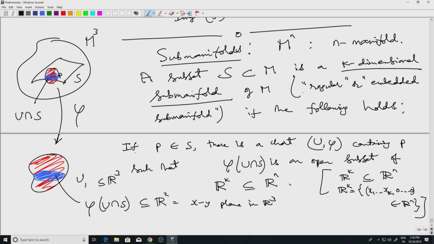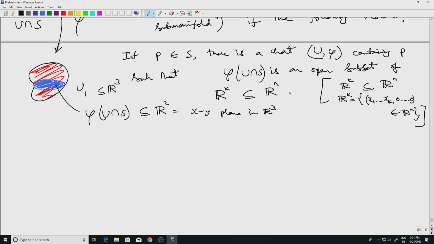The simplest submanifold one would like to have, even without formally defining a submanifold, is, for example in this setting, R2 sitting inside R3, which should be a submanifold, and we want the same situation for a manifold. So we just demand that the chart map replicates this picture inside the manifold. Right, that is an embedded submanifold.